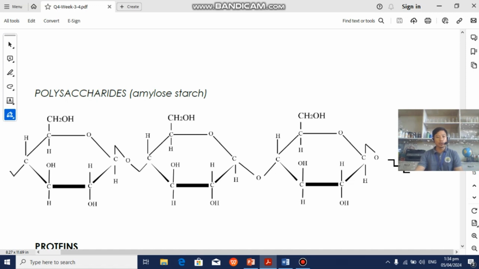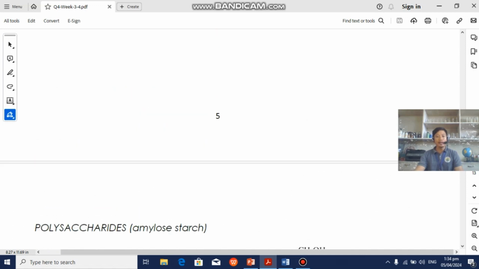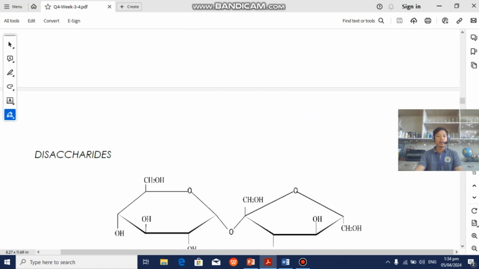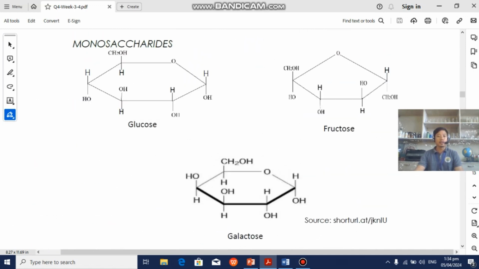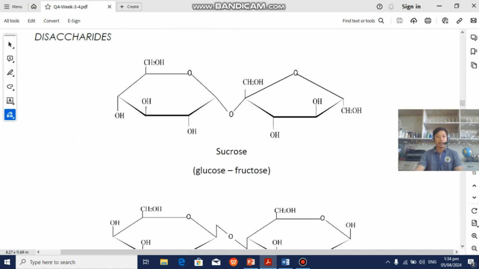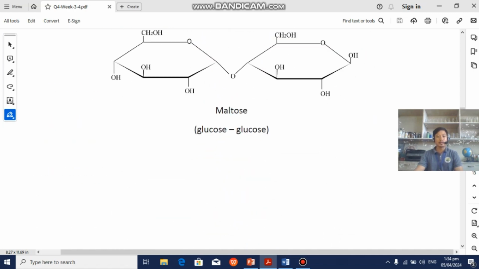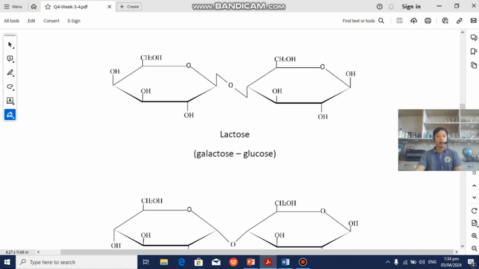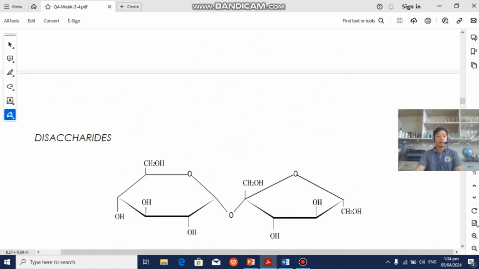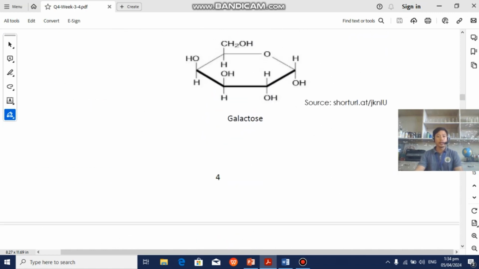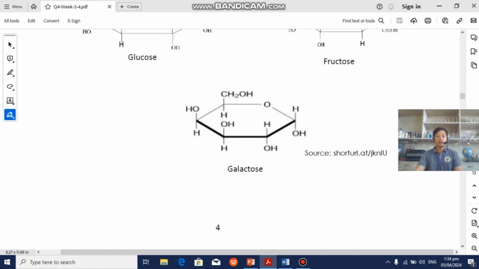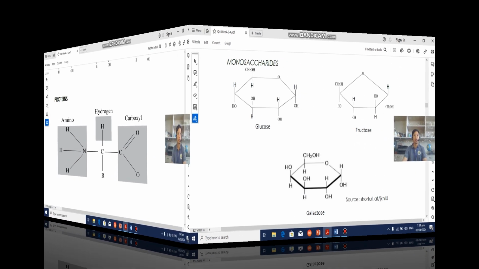If we have only 2 molecules of sugar, then that is disaccharides. If we have only 1 molecule of sugar, then that is monosaccharide. Can you now spot the difference and similarities of the different structure and elements present from monosaccharides to polysaccharides?